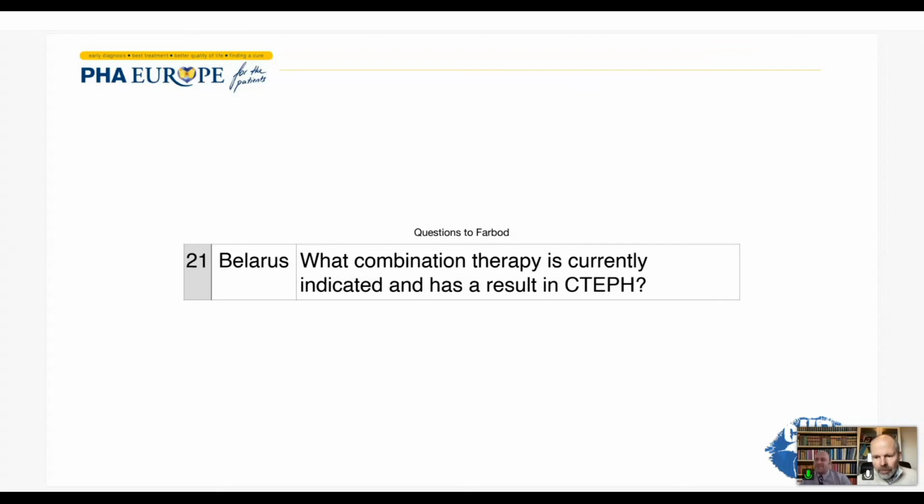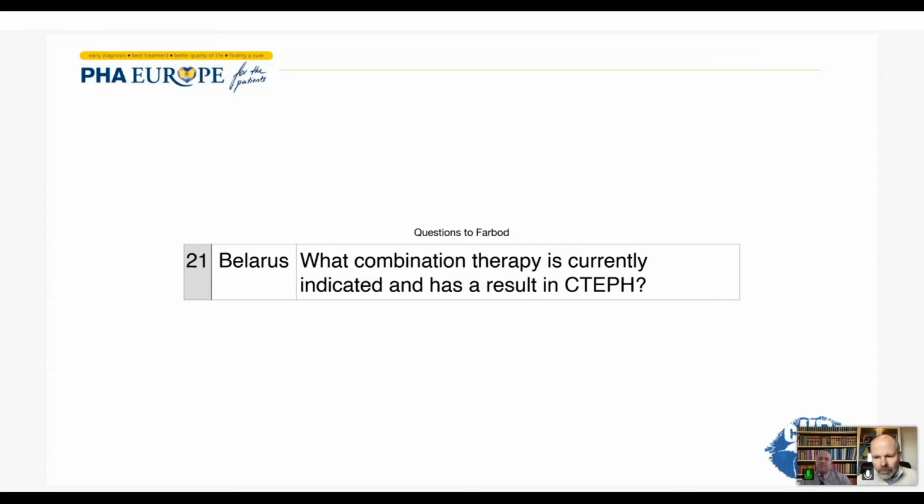And so there hasn't been a lot of data looking at different types of combination therapies. But the general wisdom is that pulmonary vasodilators have good evidence, either anecdotal or in small studies, of working in CTEPH.